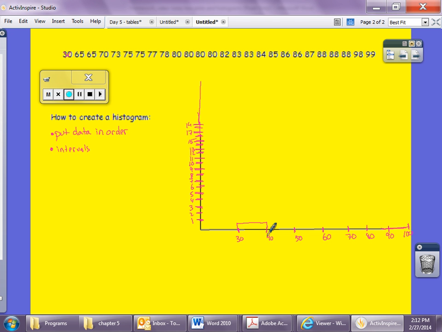From 30 to 39 there's one, then 40 to 49, there are no numbers. From 50 to 59, there are no numbers. From 60 to 69, there are 2, so we go up to 2. From 70 to 79, we have 1, 2, 3, 4, 5, 6.